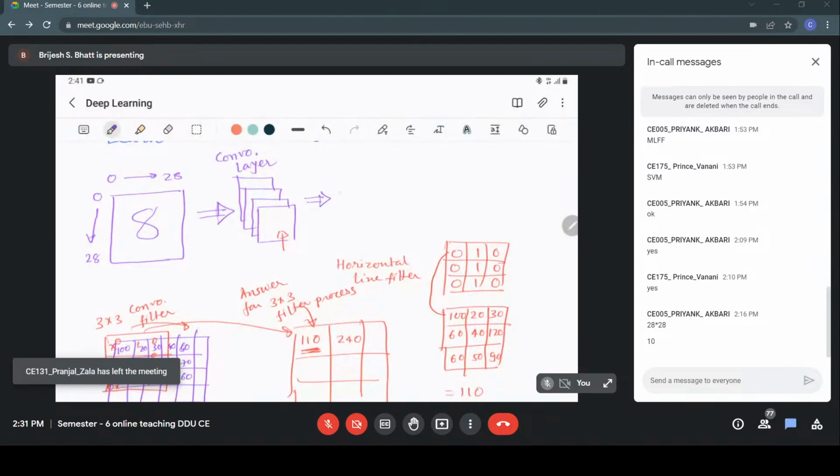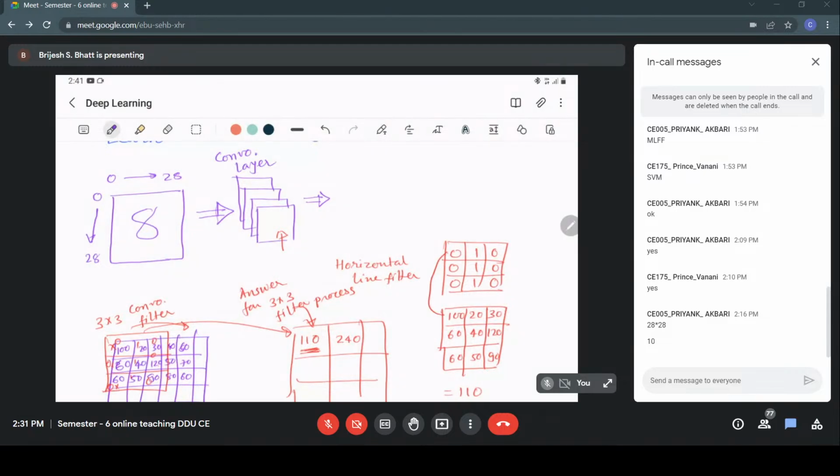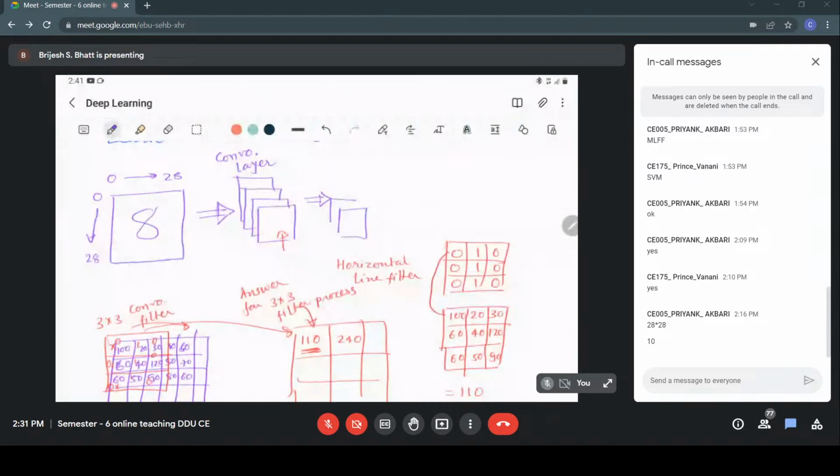Now once this convolution layer is done, you can further reduce the size of the input with a layer called the pooling layer. We do not have sufficient time to talk about the pooling layer today, so I will not discuss it in detail.